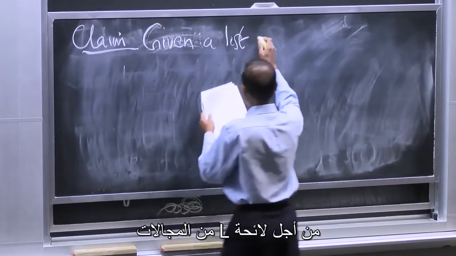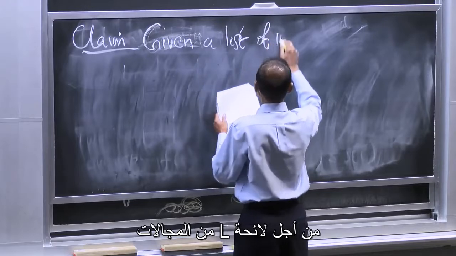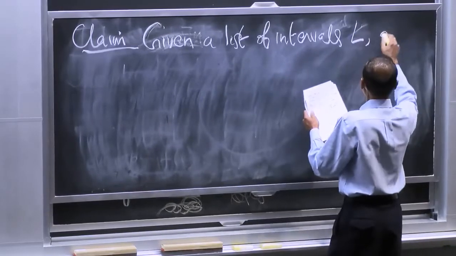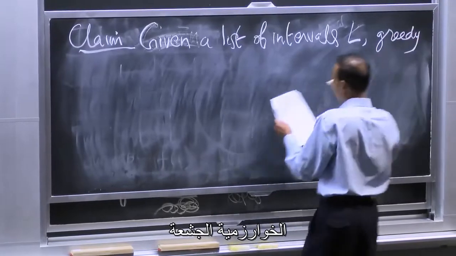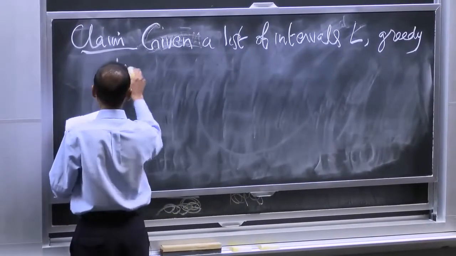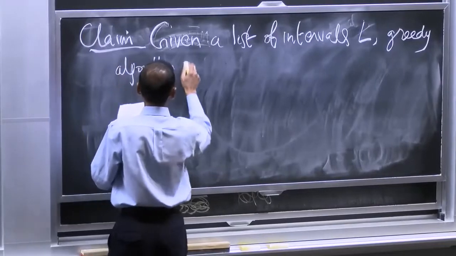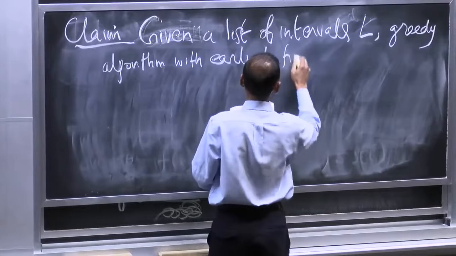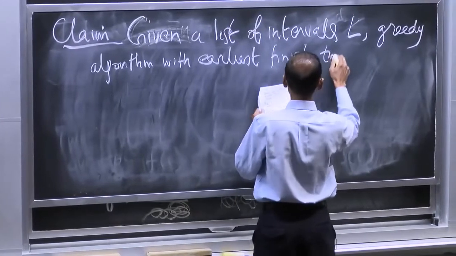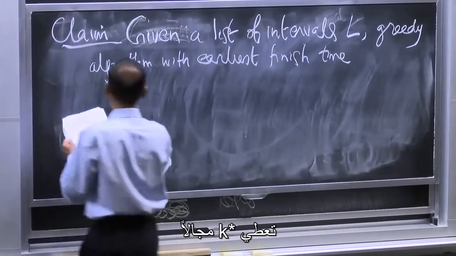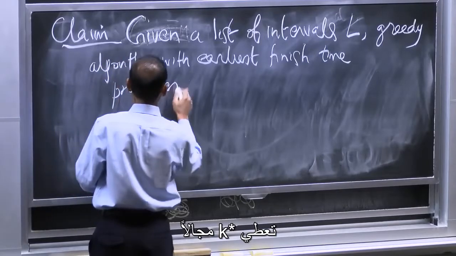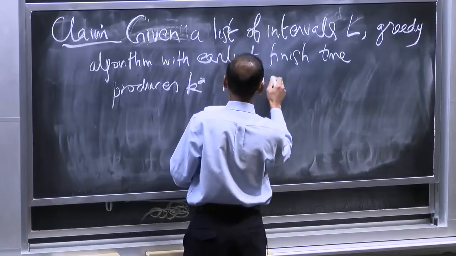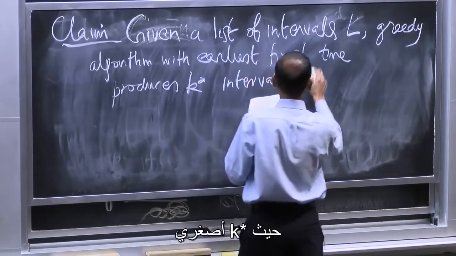Given a list of intervals L, our greedy algorithm with earliest finish time produces K star intervals, where K star is minimum.